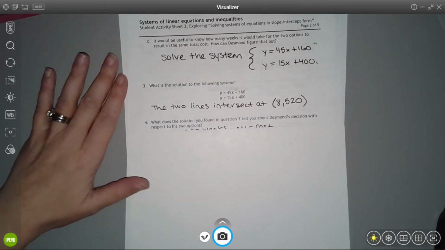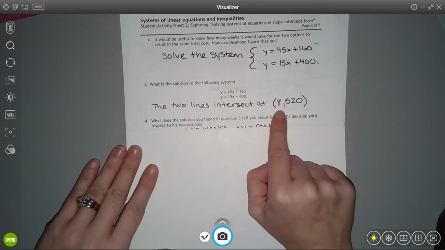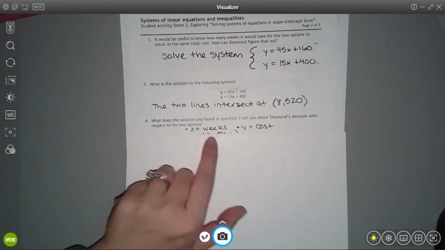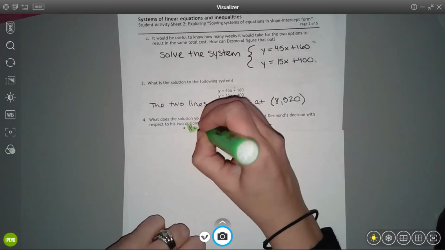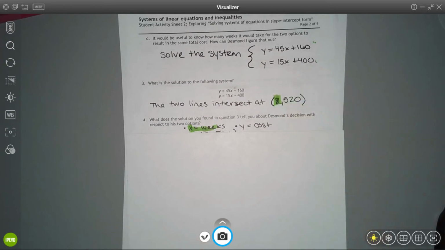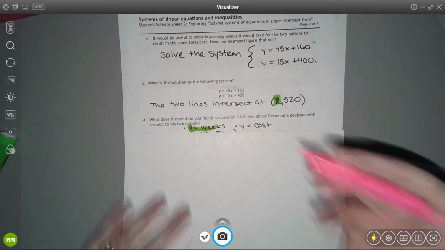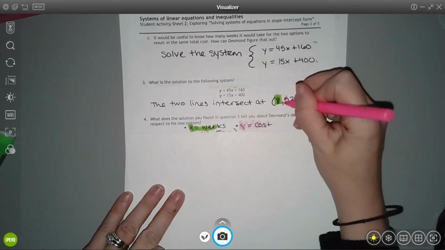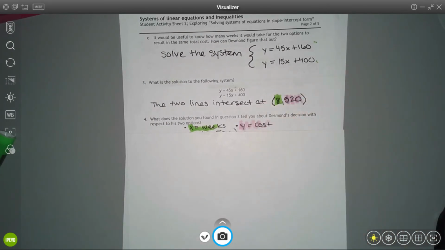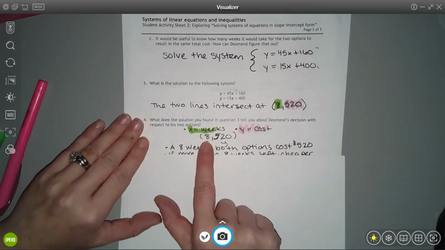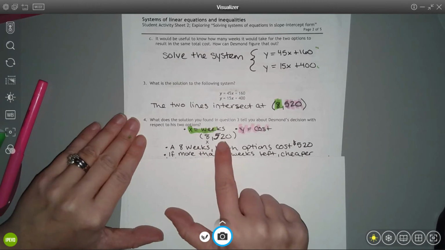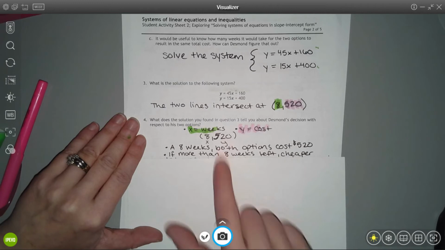What does the point 8, 520 mean? We said X was weeks, and if you remember, the first value in an ordered pair is the X value, and the second value represents the Y value. So at 8 weeks, both options cost $520.